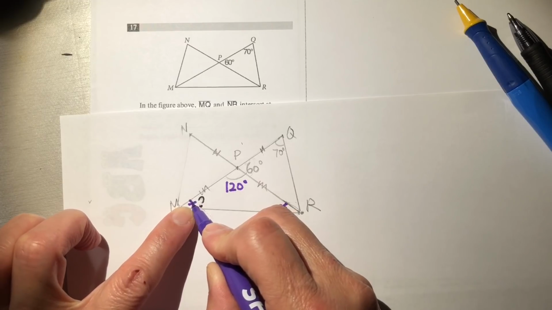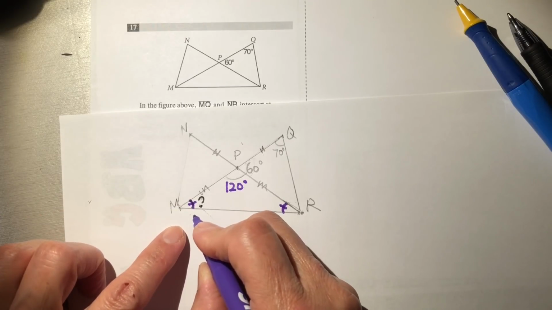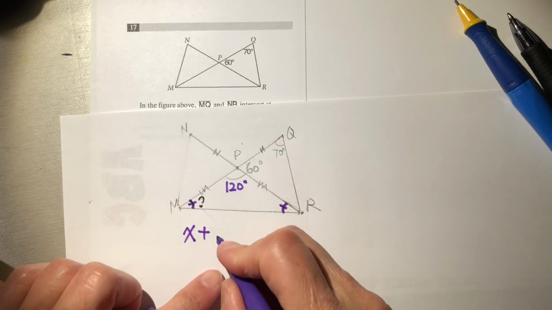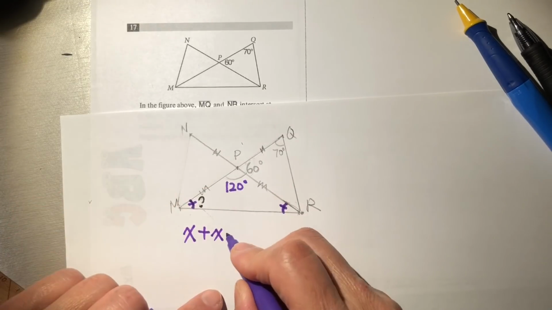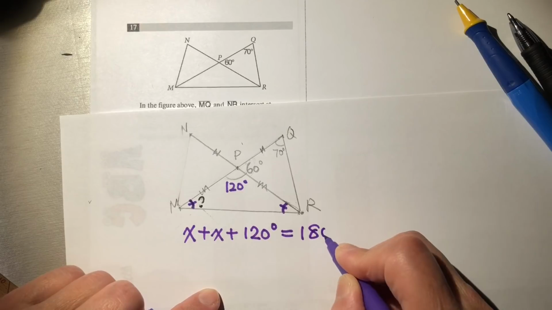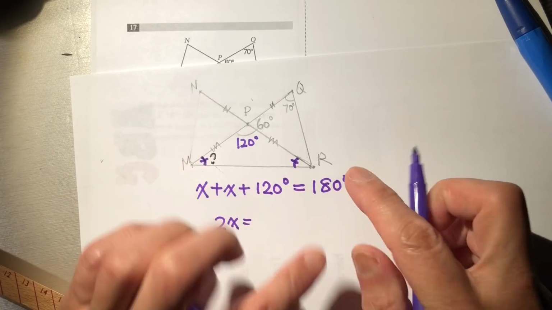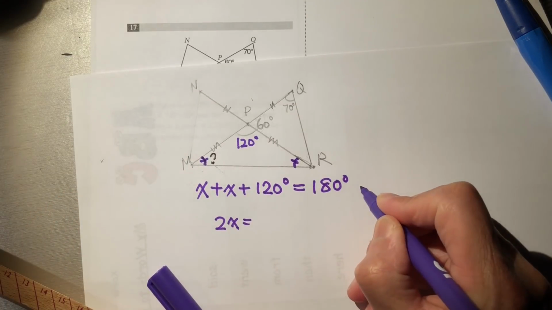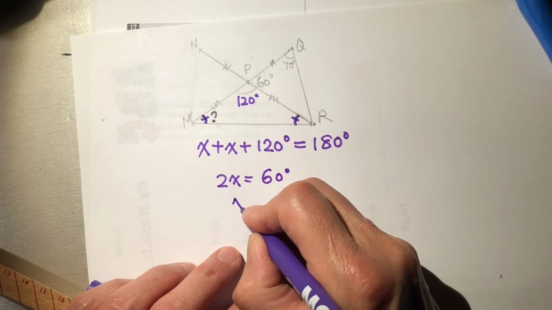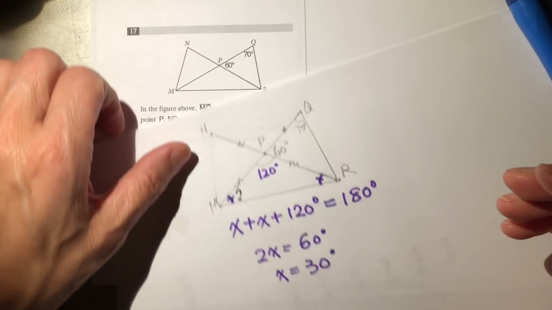So let's say one angle is X, plus another angle X, plus 120 is 180, right? So 2X equals 180 minus 120, so it's 60 degrees. X equals 30 degrees. So the result is 30 degrees.